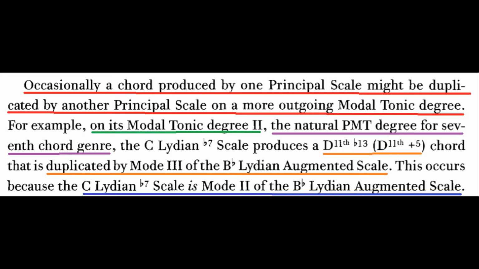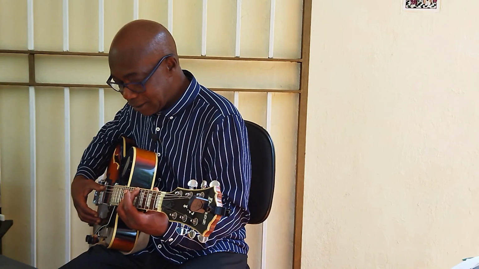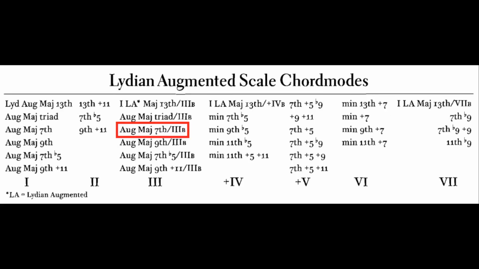It says that it is duplicated by mode 3 of the B flat Lydian augmented scale. The reason is that this occurs because the C Lydian Flat 7 scale is mode 2 of the B flat Lydian augmented scale. B flat Lydian augmented. So 1, 2, 3, right? Lydian augmented mode 2, and so on.